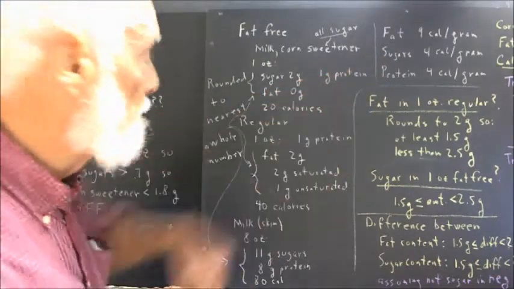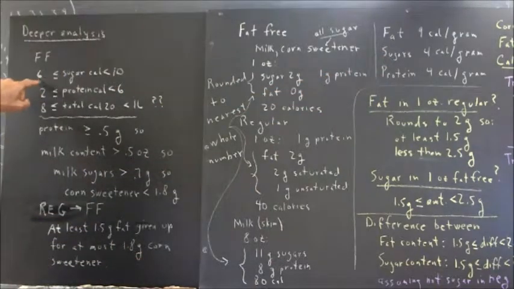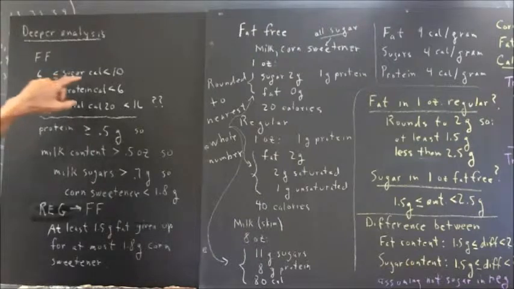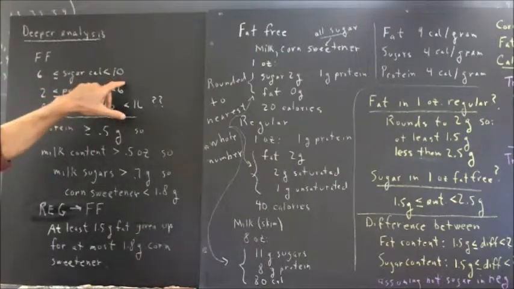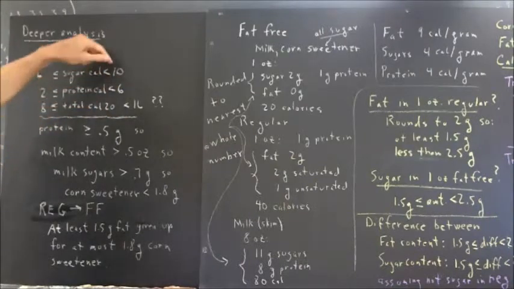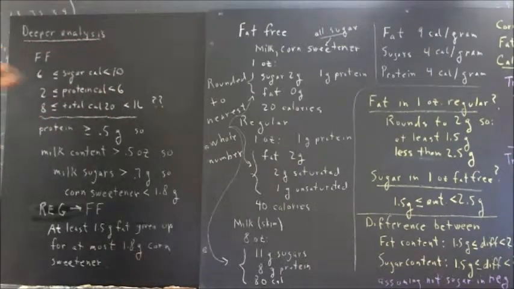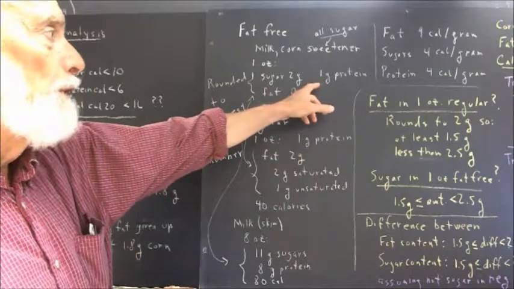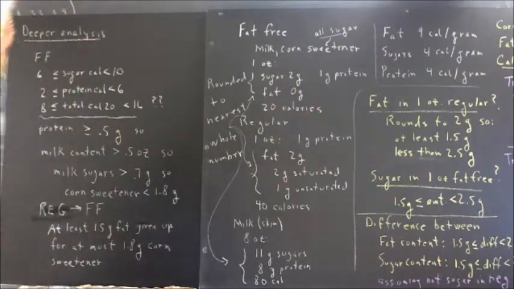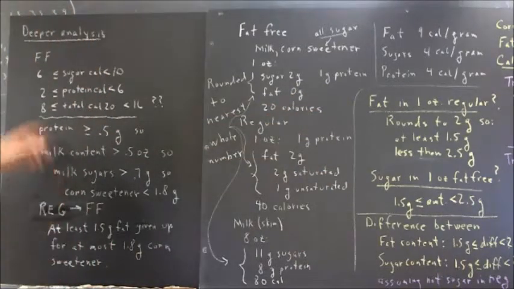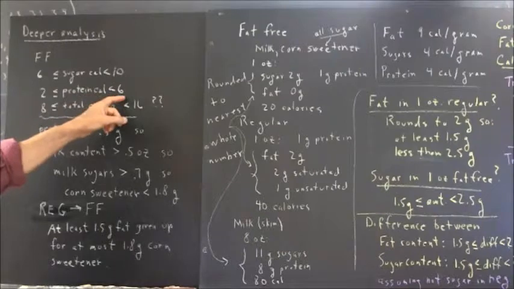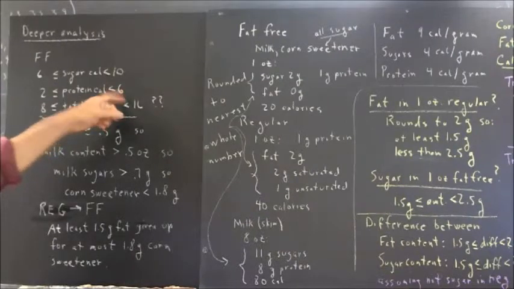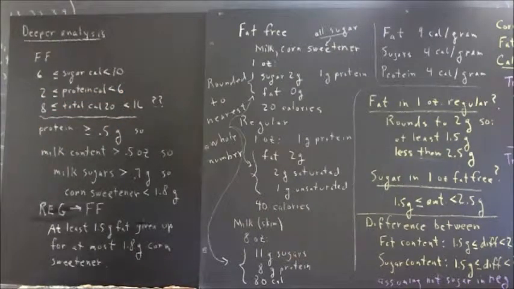At 4 calories per gram, the sugar calories are greater than or equal to 6, but less than 10. 2.5 times 4 is 10, 1.5 times 4 is 6. And protein calories, you have between 0.5 and 1.5 grams of protein. 0.5 grams of protein would be 2 calories. 6 calories would correspond to 1.5 grams.